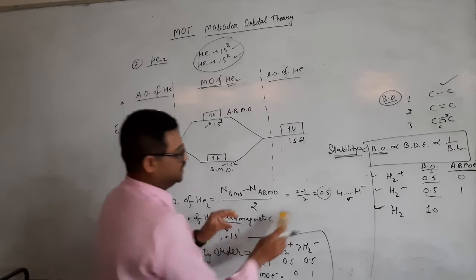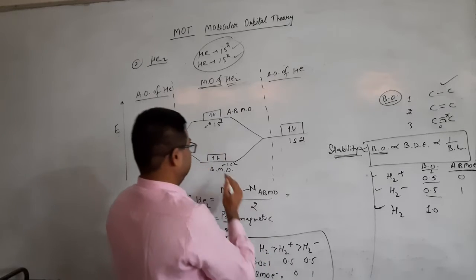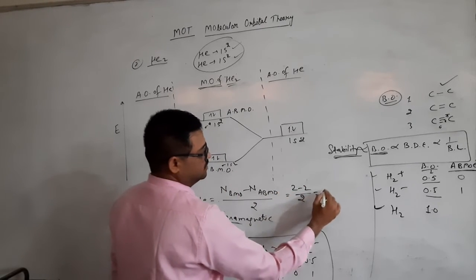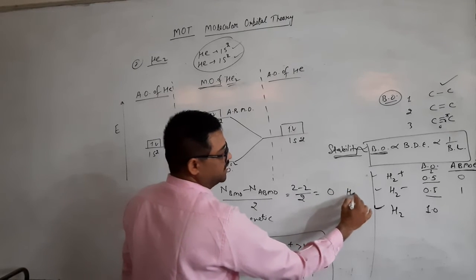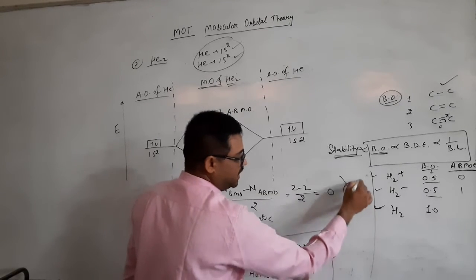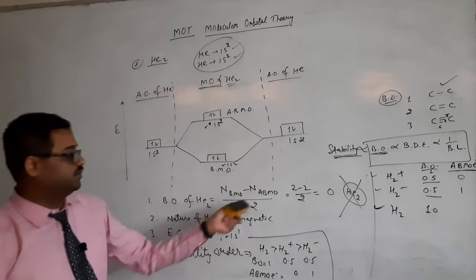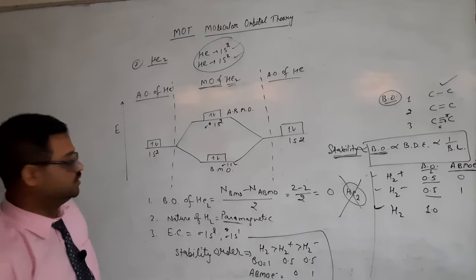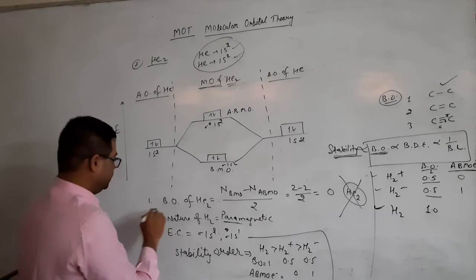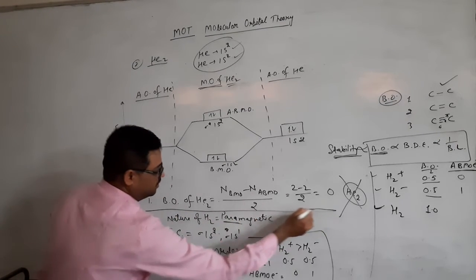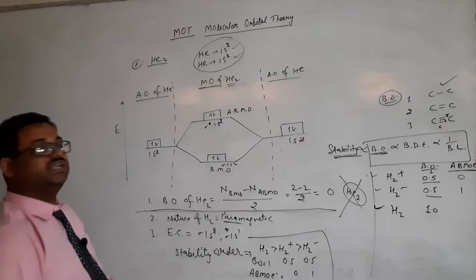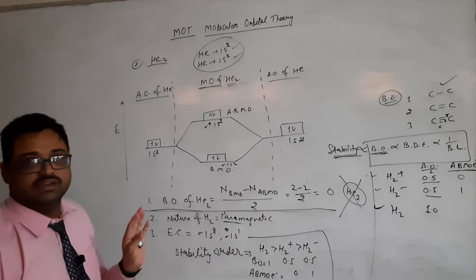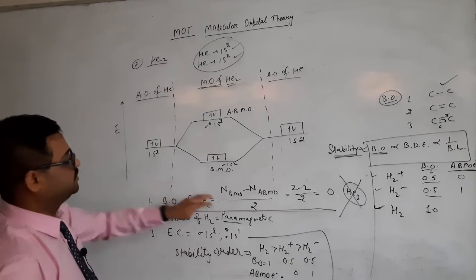That is 2 minus 2, that is 0. That means He2 does not exist. If the bond order is 0, then that species will not exist at all, so we put a full stop here. Then there is no need to determine nature, electronic configuration or stability order, because He2 does not exist.